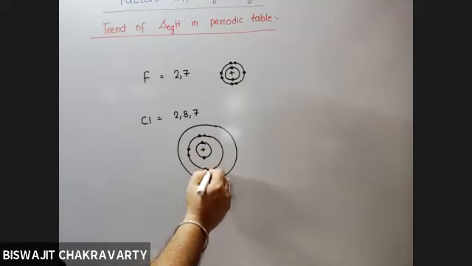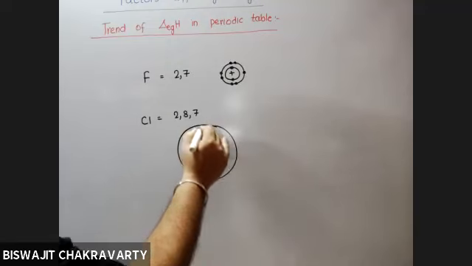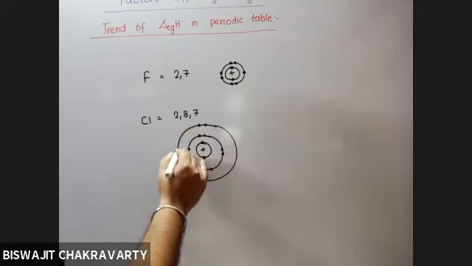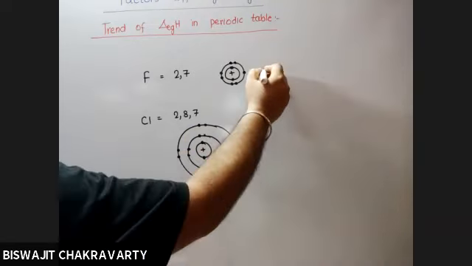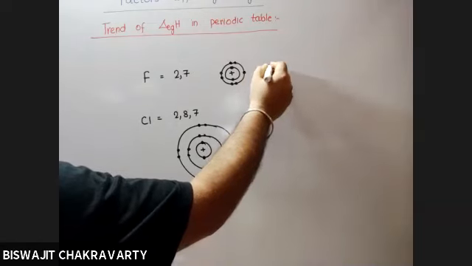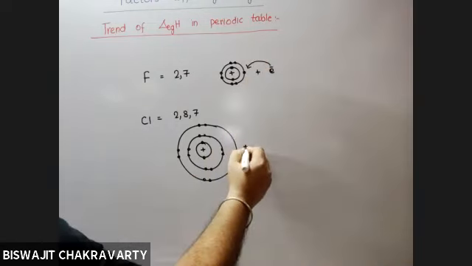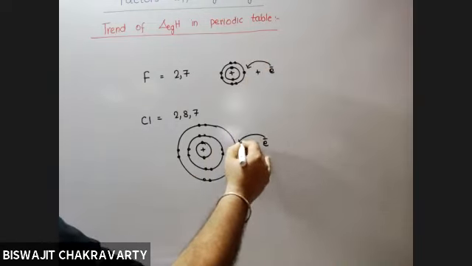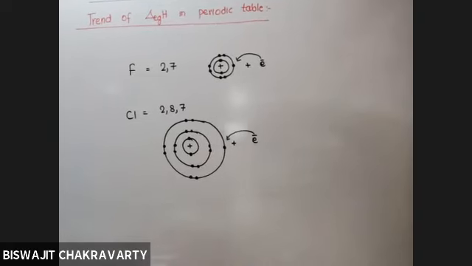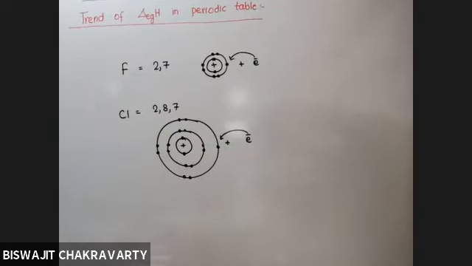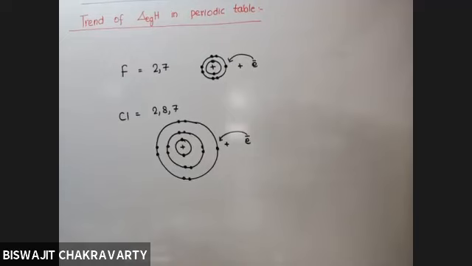And we know that more the number of shells, more will be the number of subshells as well. Which means that if you want to add an electron to fluorine and to chlorine, listen very carefully, it's a very important question. Don't you think that fluorine is already overloaded with electrons according to its size?